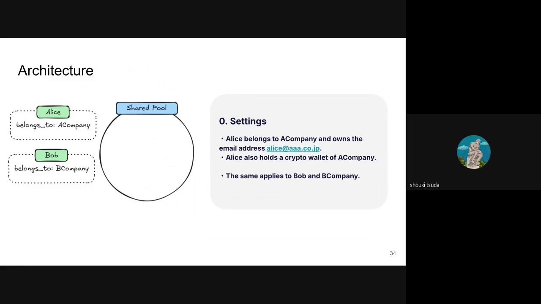The same applies to Bob and B company. The shared pool is the on-chain privacy fund commonly used in OpenJPY. We want to complete a transfer from A company to B company without leaving any traceable footprint on chain. This is the challenge we are solving.